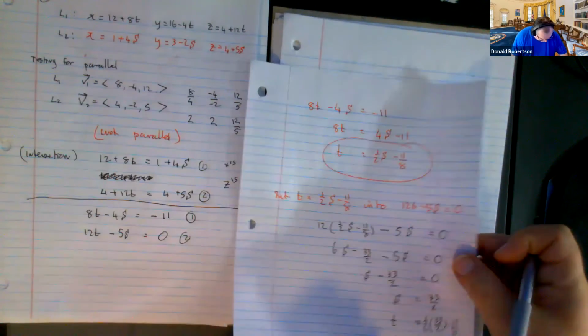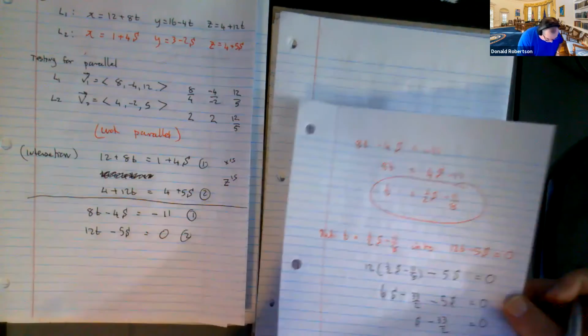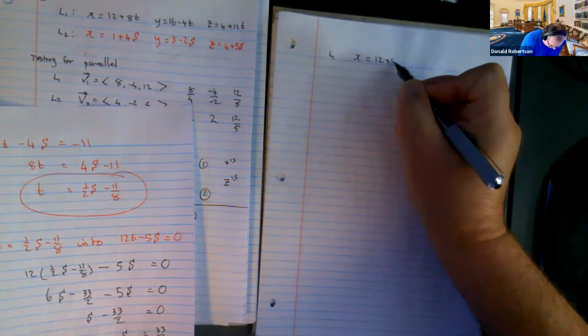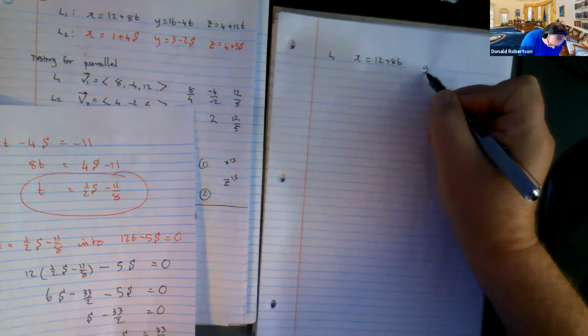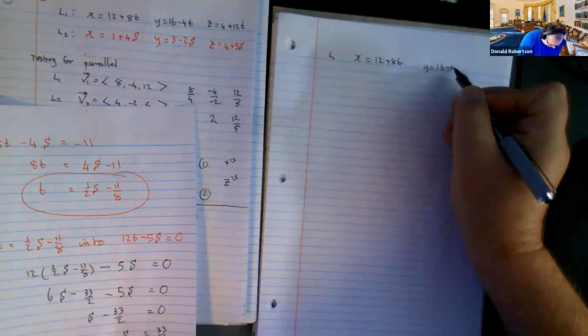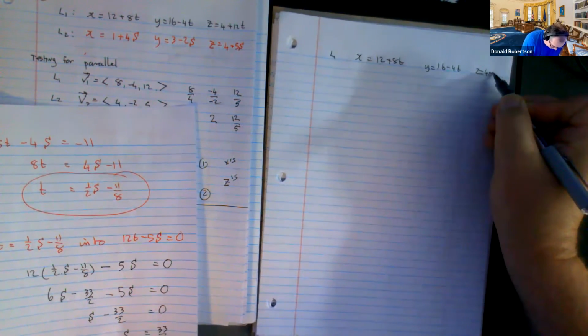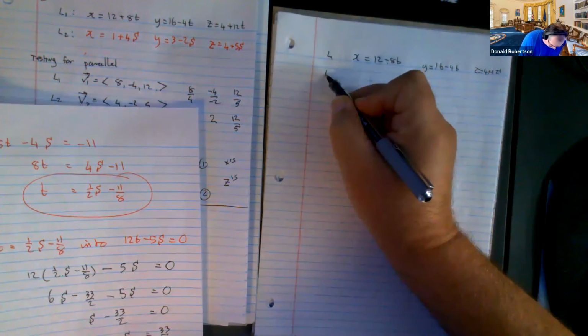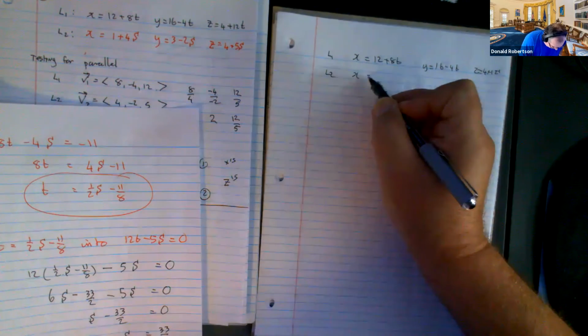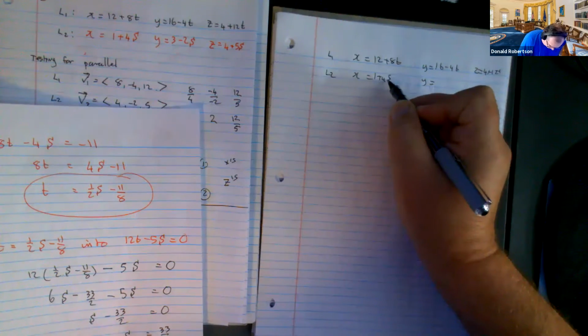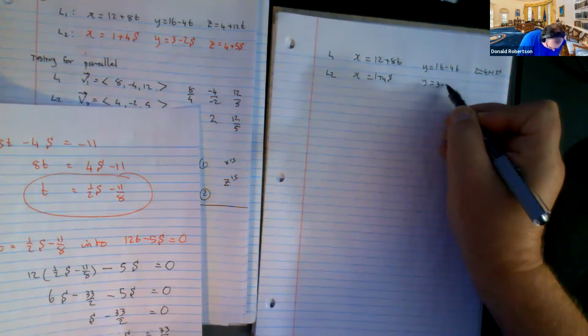Oops, I better keep them because I need them. Just rewrite them down. Line L1 is this guy, and that guy. And line L2 is this guy, and finally this guy.